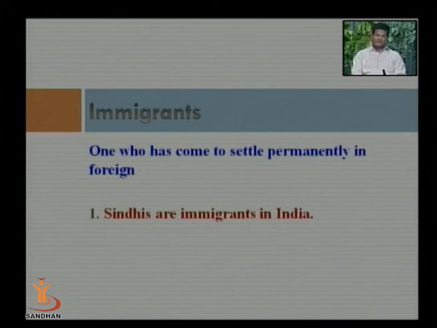And the person who comes from another country to our country, that is immigrant. Sindhis are immigrants in India. Now Sindhis, you know, they have come from Sindh, and Sindh is now situated in Pakistan, and they have come from Pakistan to here during the partition. Now they have become part of the Indian population, so they are permanent immigrants in India.